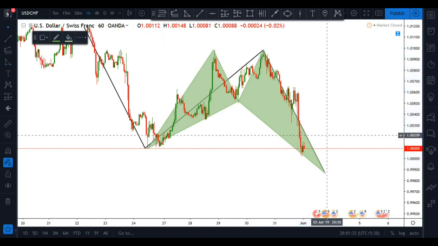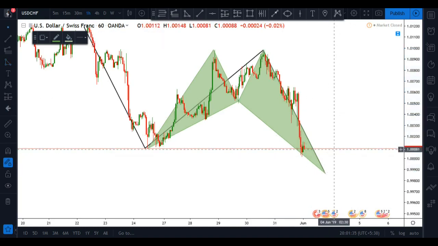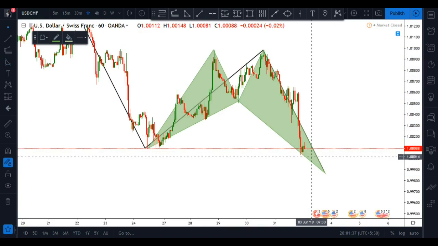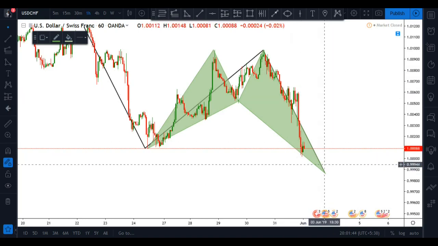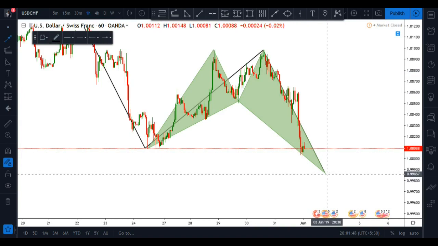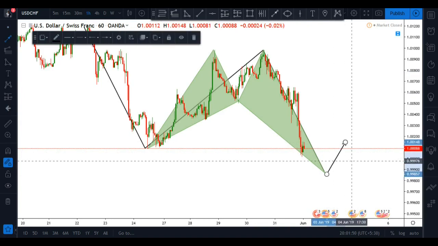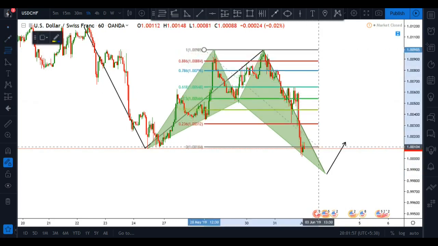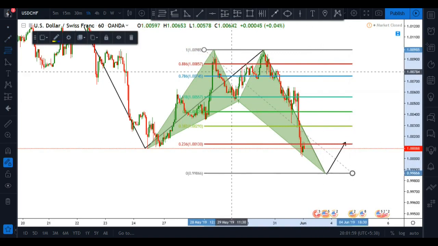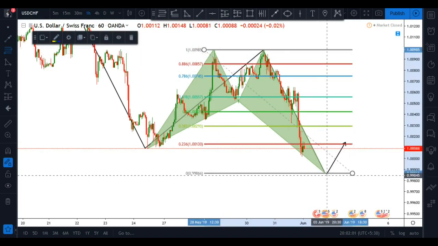Alright, and after we making this movement to the downside, what we are expecting is a rally to the upside from this point to the upside. And let me draw a Fibonacci retracement tool from this point to this point, A point, and to the D point of this butterfly pattern.